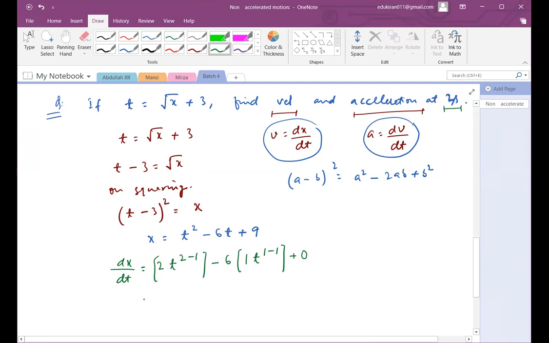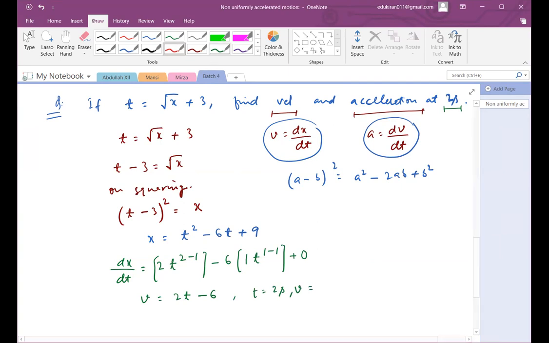So dx by dt is nothing but velocity, so it will be 2t minus 6. Now in this part, put t is equal to 2 seconds. You'll get velocity at 2 seconds.